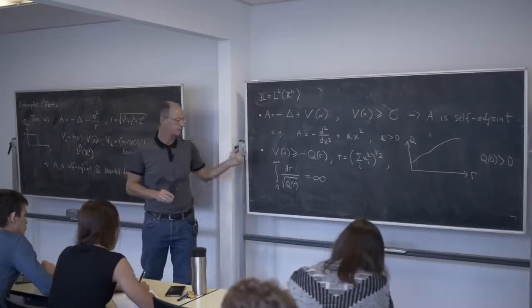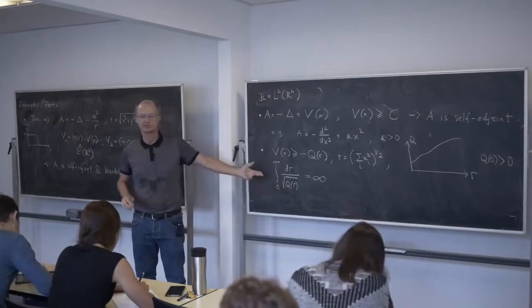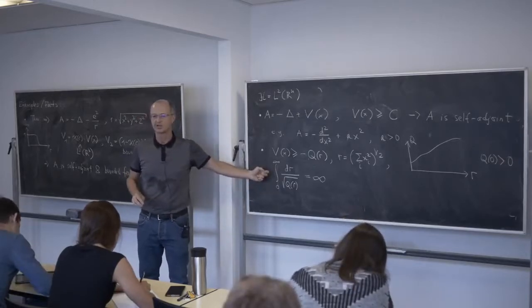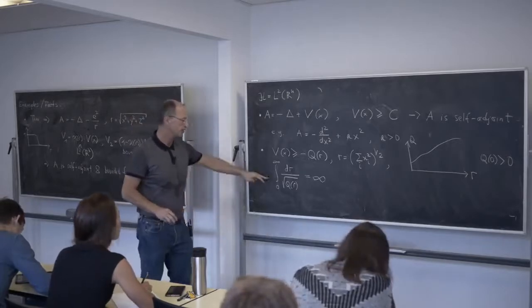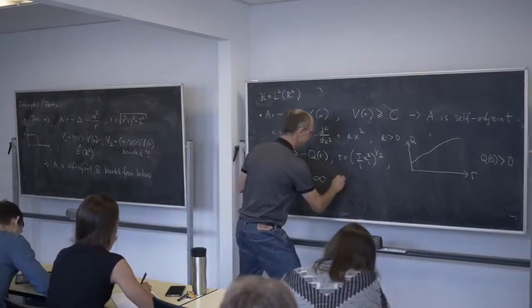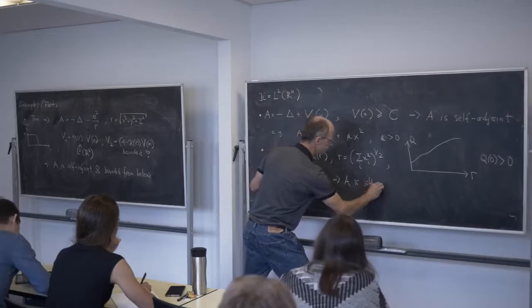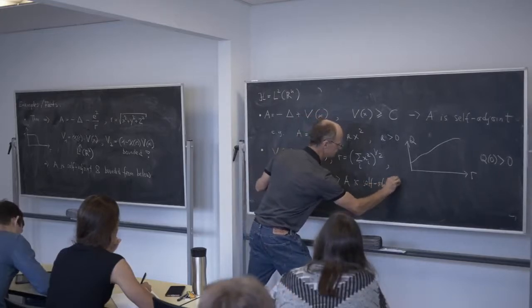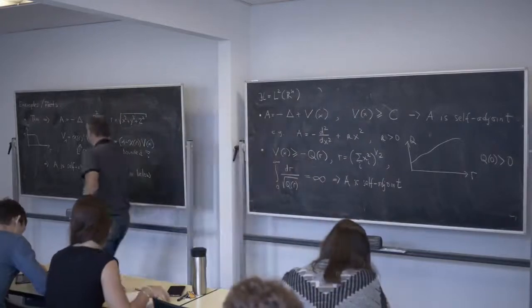Later on in the course, we'll see reasons why this integral. At the moment, it looks mysterious and quite arbitrary. But later on, we'll see a little bit why. So then, if this is true, then A is self-adjoint.